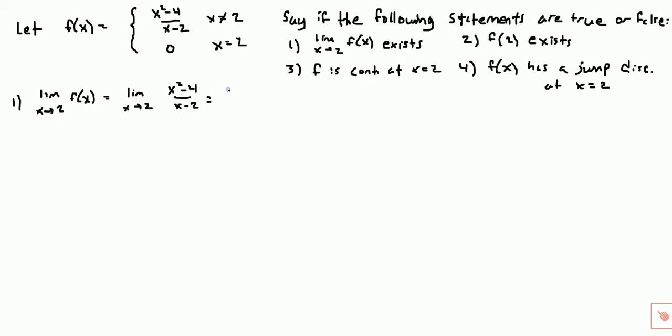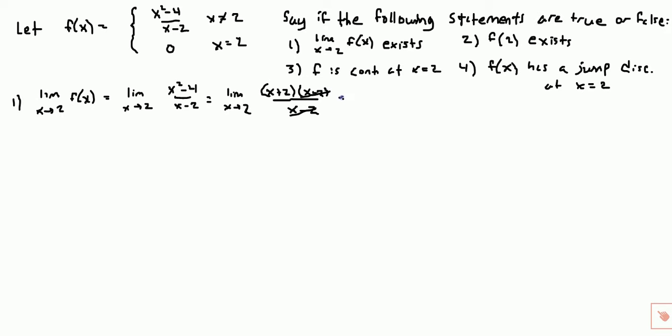What can we do to make that look a little easier? We can do some algebra, right? So we can factor the top. That factors into x plus 2 times x minus 2. And the denominator stays the same, x minus 2. So these two factors cancel.